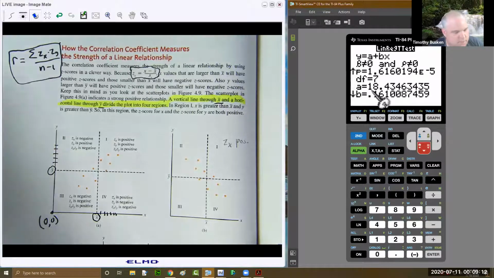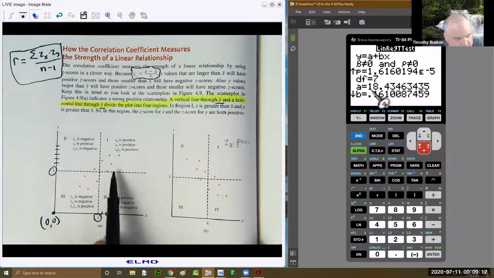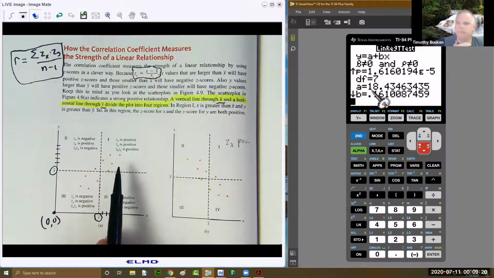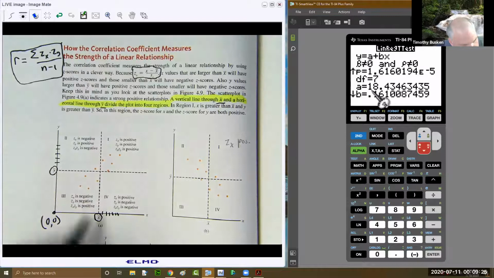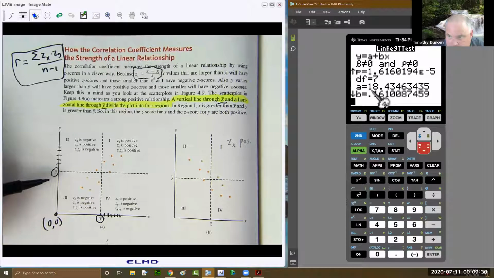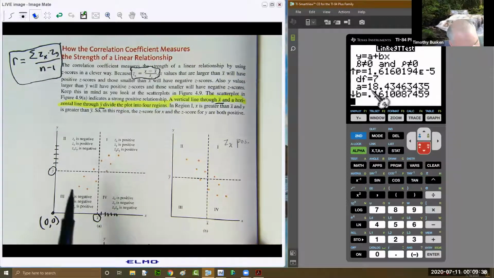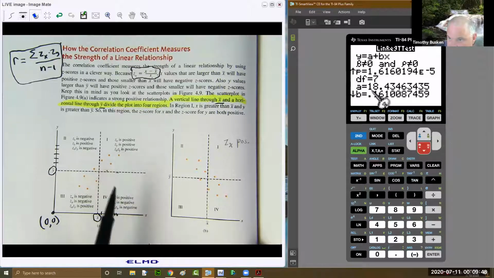So then when you go to multiply these two numbers, zx and zy, for any points in this first region... So what they did was, yeah, this is a first quadrant graph, but once you locate the mean, then you're dividing that graph up into 4 quadrants. This is not the same 4 quadrants as the quadrants of the coordinate plane, but quadrant 1, which is above y bar and to the right of x bar, all of these points will have positive z-scores, and so the product will be positive.